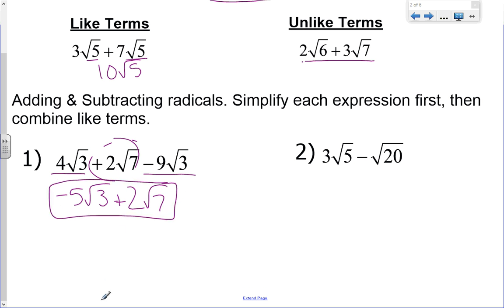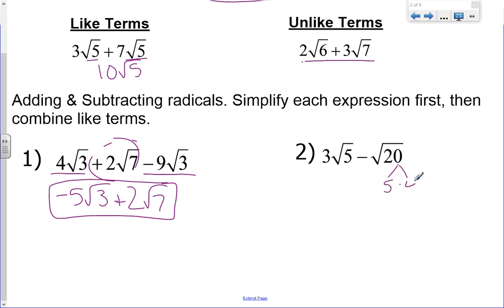If we take a look at number 2, we have 3 square roots of 5 minus square root of 20. Now, as we were working through these over the past couple of days, we pretty much could start simplifying our radicals with any pair. But when I'm doing addition and subtraction, I really want to think smart about how I start. If this is 3 square roots of 5, I really want this to end up with a square root of 5. So I'm going to start not at 2 and 10, but at 5 and 4.